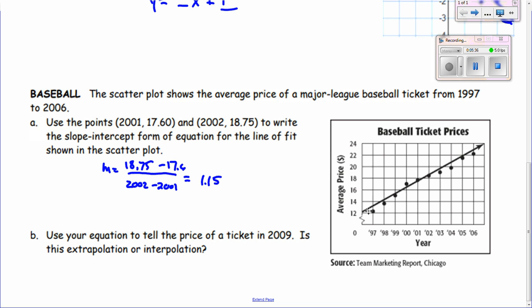Now we just have to figure out where that point would go through here, and we can plug these points in. Y equals 1.15x plus b, because we don't know what this number is.